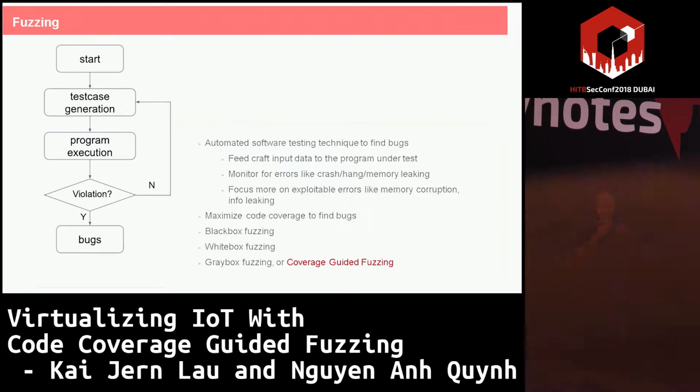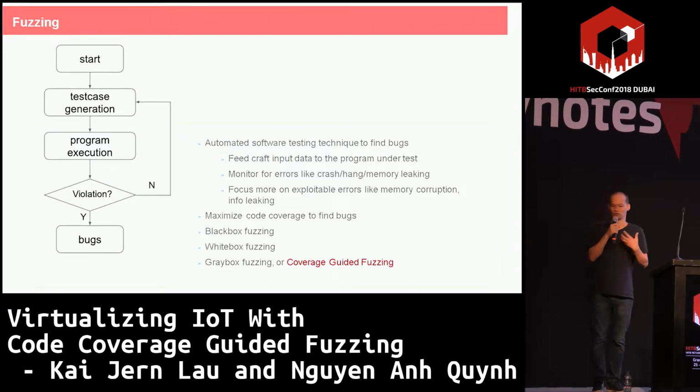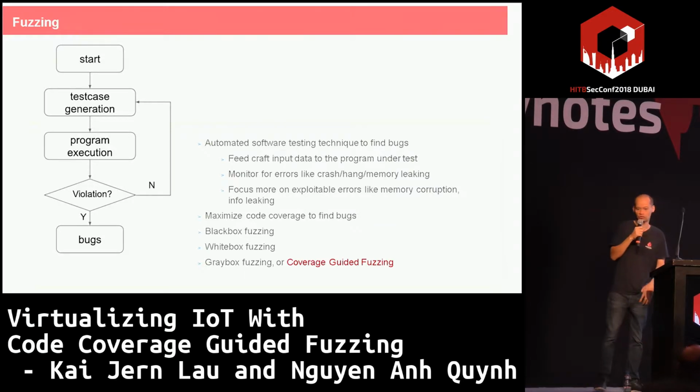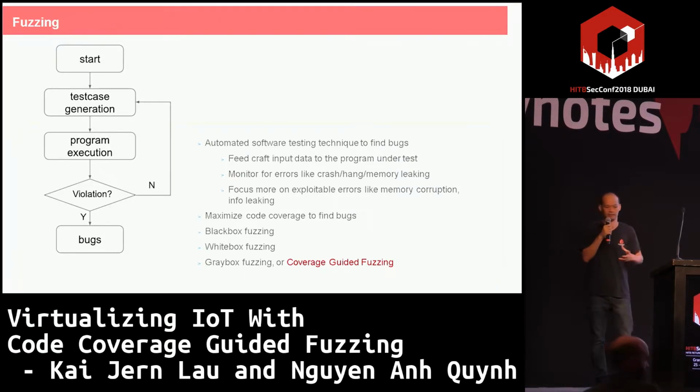Before we fuzz the program, we use many heavy and complicated program analysis techniques to understand the program structure. So we know very well how the program parses the input, and based on that information, we can produce better input for the fuzzer. So you can see that the black box fuzzer is kind of dumb because we do not know how it works inside. We just try to produce some random input and hopefully the program crashes or something.